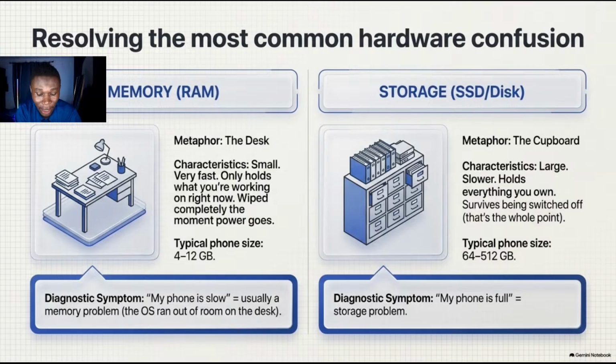Let me check something. I think you sent me your specification. Let me check that. Installed RAM is 8 gigabytes, and then your processor. Every PC and even every phone has a processor, right?